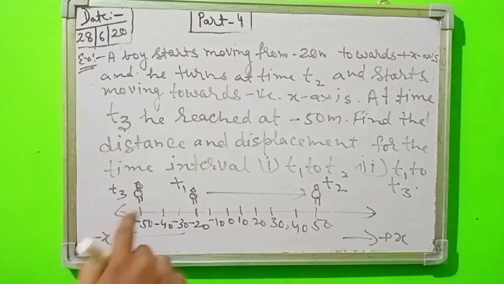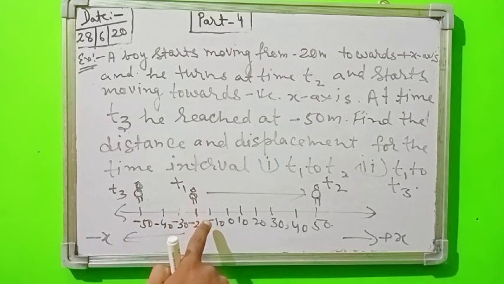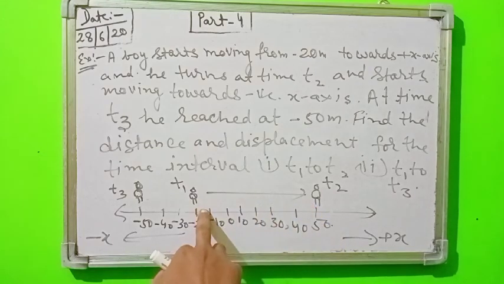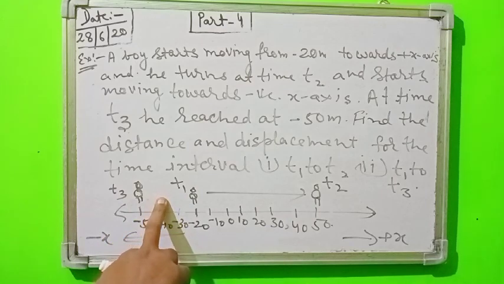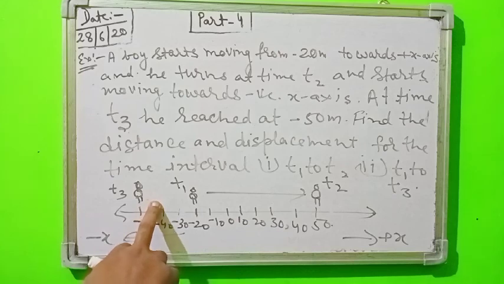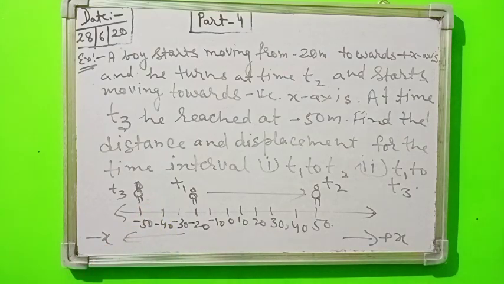I have explained it from T1 to T2. Now from T1 to T3: T1 to T2 is 50 plus 20, 70, and then 70 plus 50, 120, so total distance is 170. Displacement is final position minus 50 minus initial position minus 20, that is minus 50 minus 20, equal to minus 30, towards the negative x-axis.